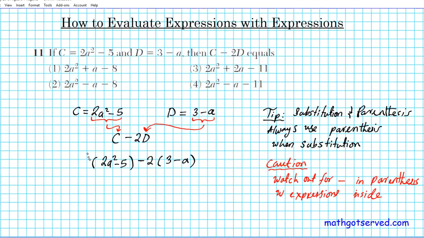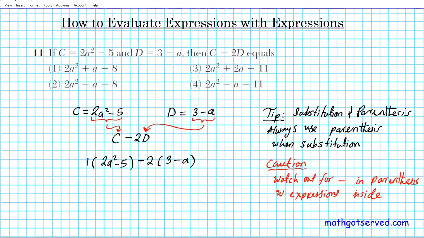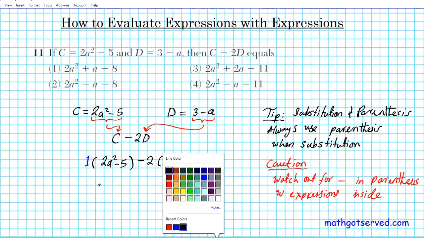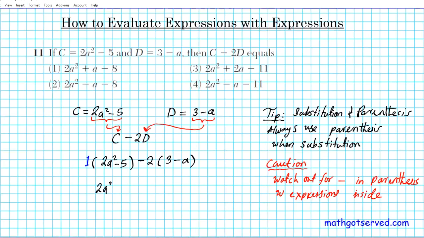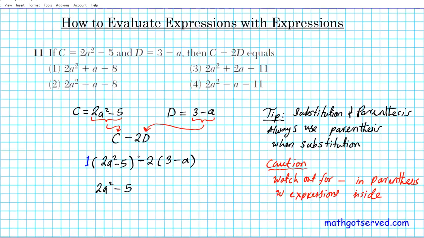With 2a squared minus 5, you can imagine as though there is an invisible coefficient here, which is just 1. So when you distribute that positive 1 across these two terms, nothing happens. It just remains 2a squared minus 5. Now on the right side, we are not just distributing the 2, we're distributing negative 2.